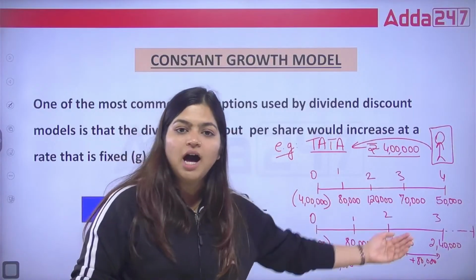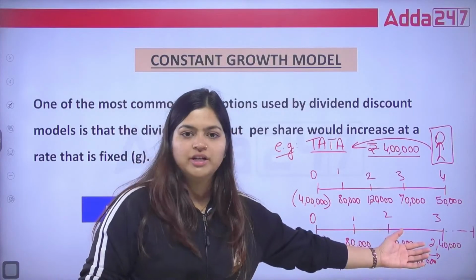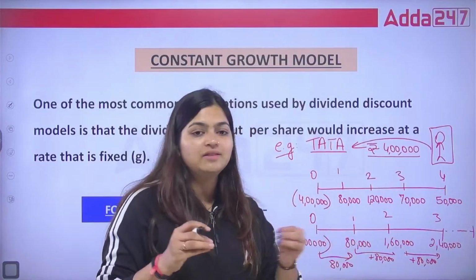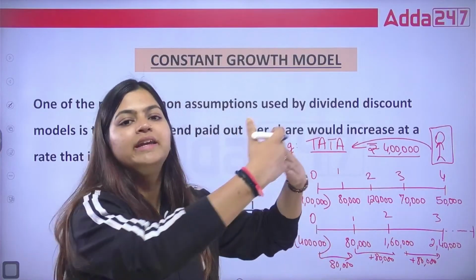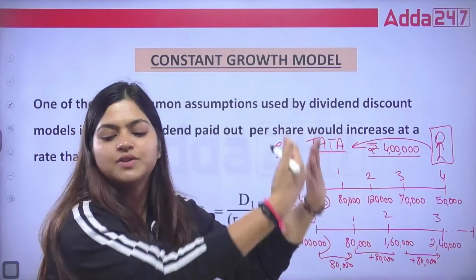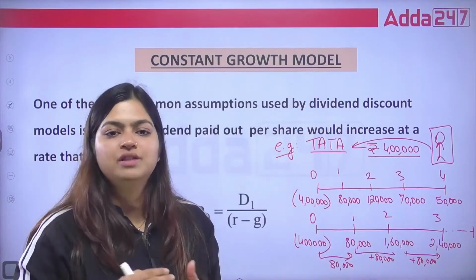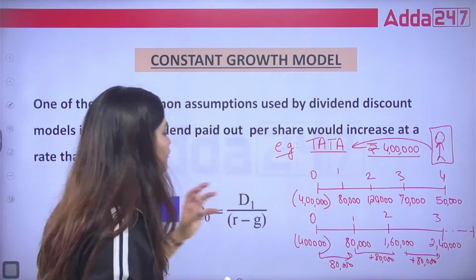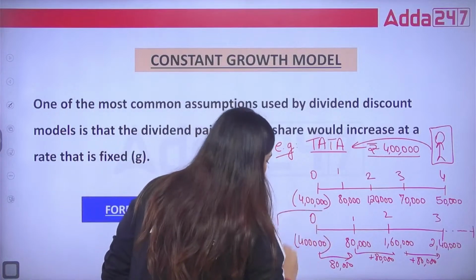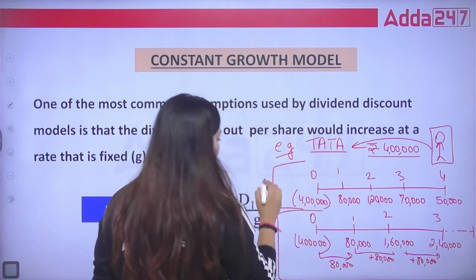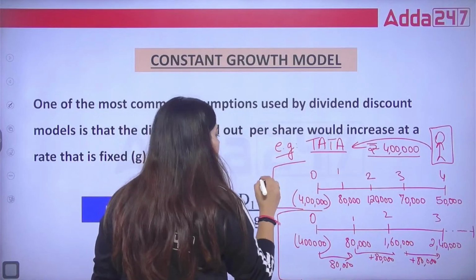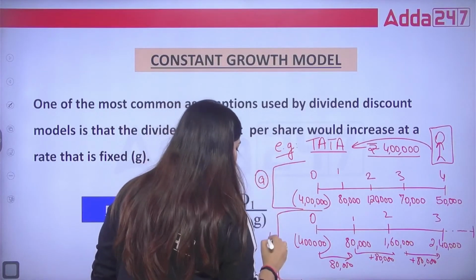So this is how your investment actually looks. Every year you are getting an additional 80,000 on whatever amount you received in the previous year. If you observe this type of investment, I have made 2 types of projections here. This one is your A projection, this one is your B projection.